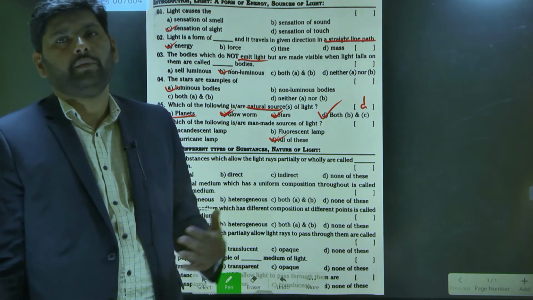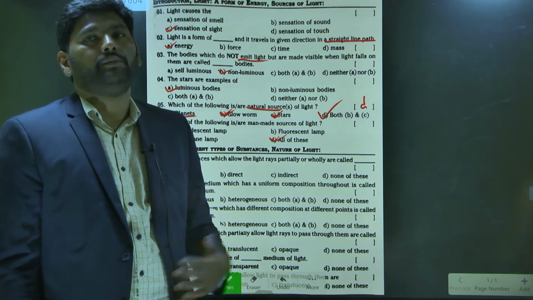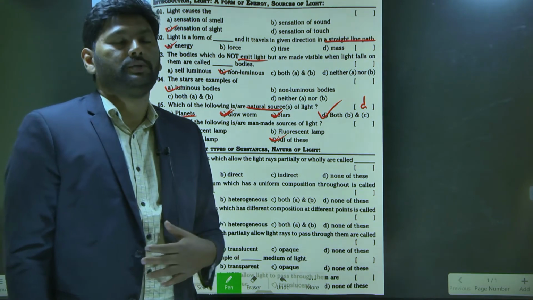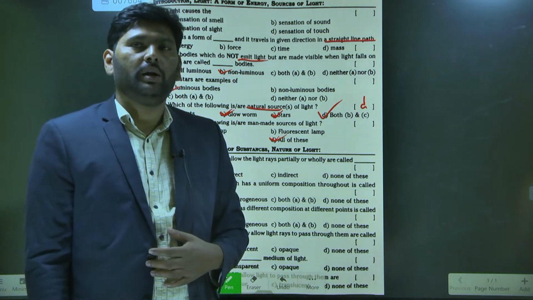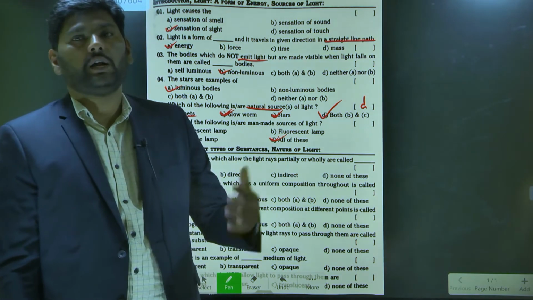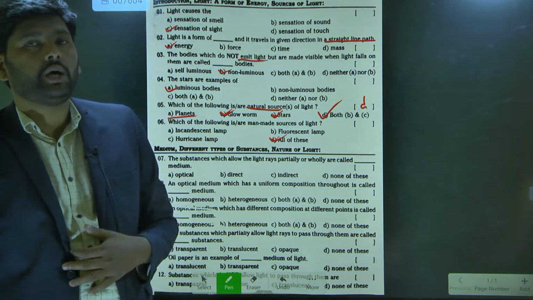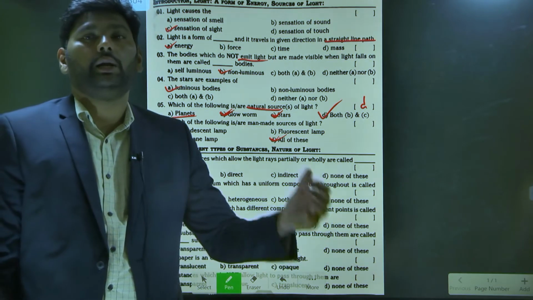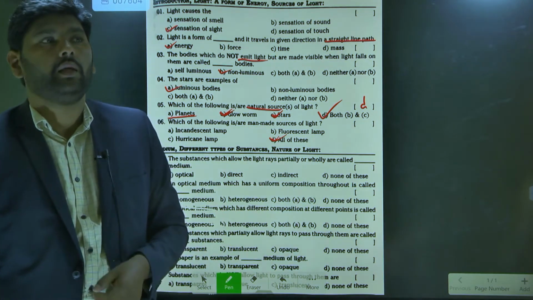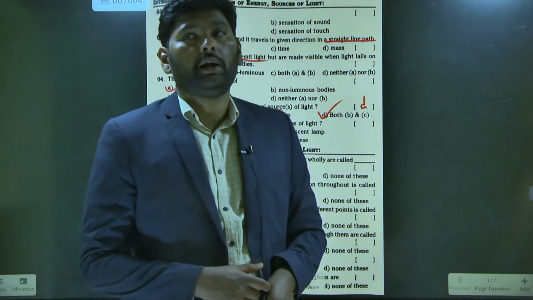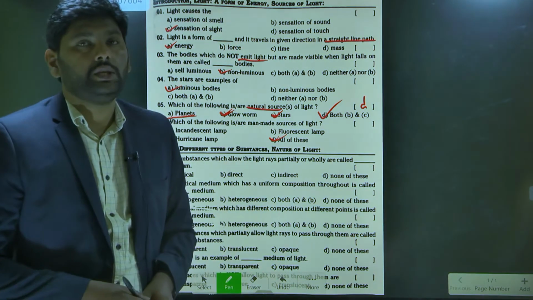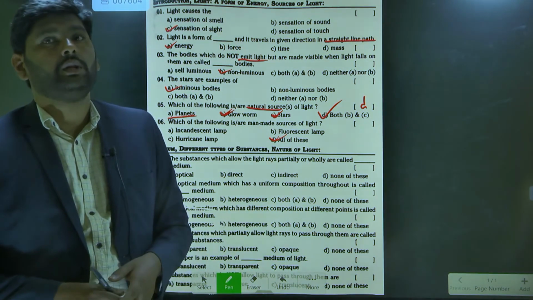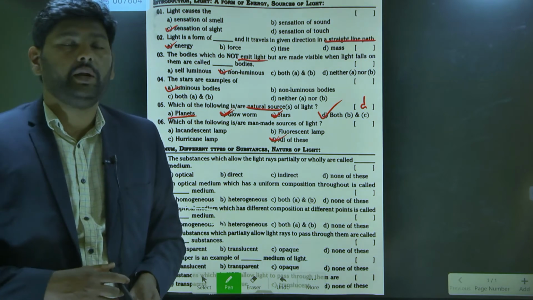At the same time, transparent objects, transparent mediums. What is meant by transparent medium? The mediums that allow the light rays to pass through them are called transparent mediums. Examples: glass, water, oil. So oil, petrol, these we can call transparent mediums.